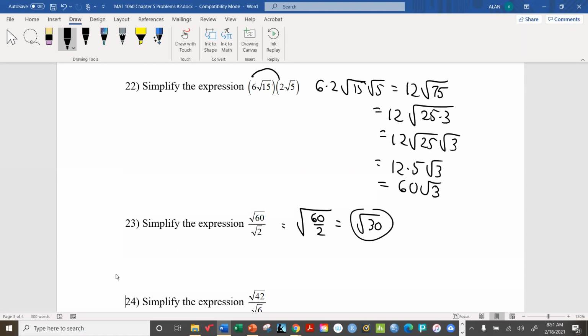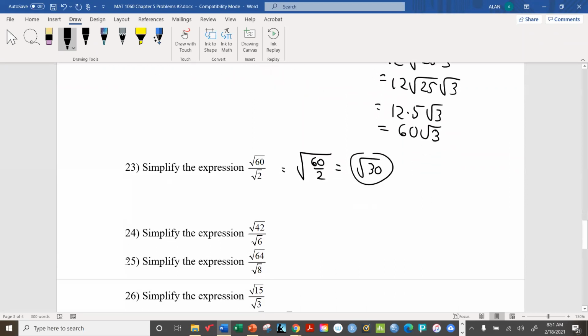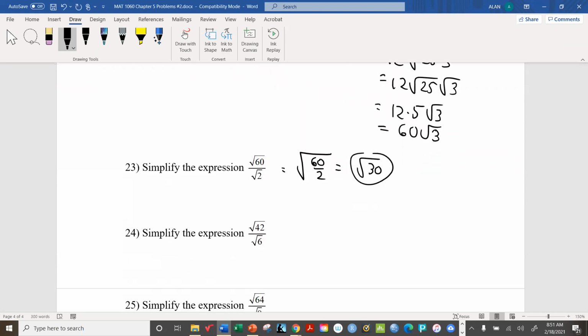All right, what about this one? So sometimes, like in this case, we're going to wind up with radical 42 over 6. That's it. 7 is a prime number, and so we're done. We cannot make it any simpler than that.